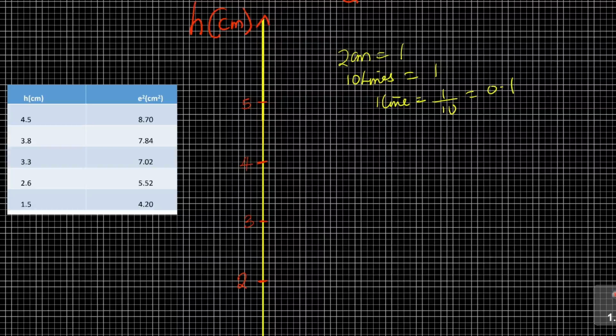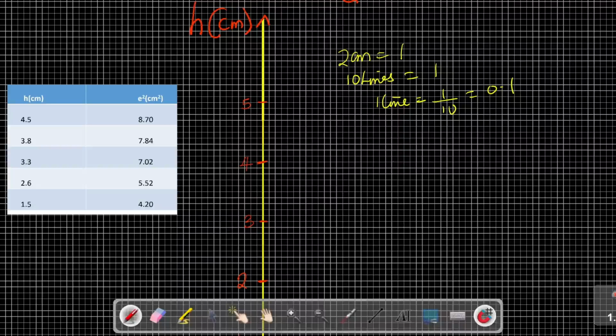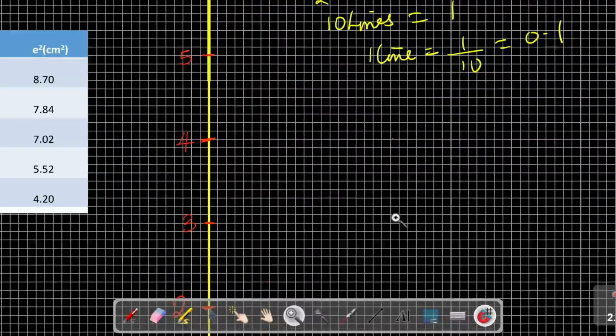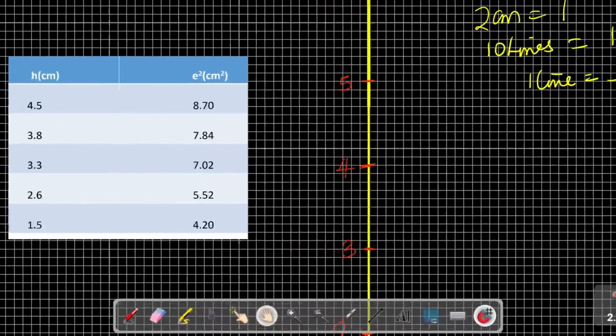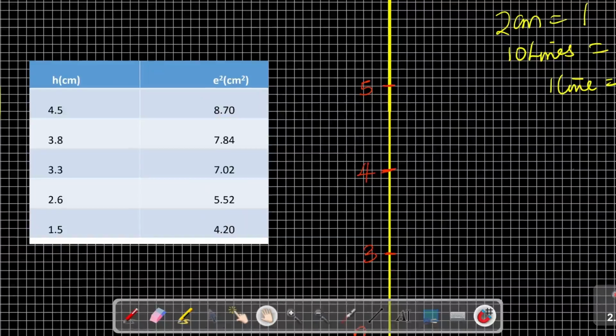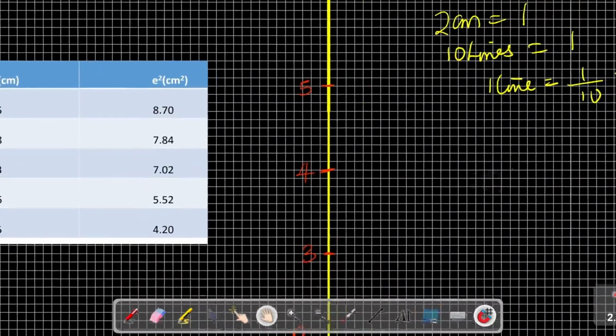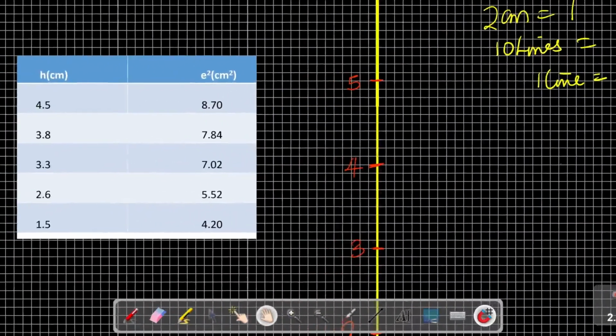But I want to locate 4.5 on this particular axis, on the vertical axis, all right? So if one line is representing 0.1, what I'm going to do now is to say that if this is 4, this is 4.1, 4.2, 4.3, 4.4. I am adding 0.1 to the 4 here.